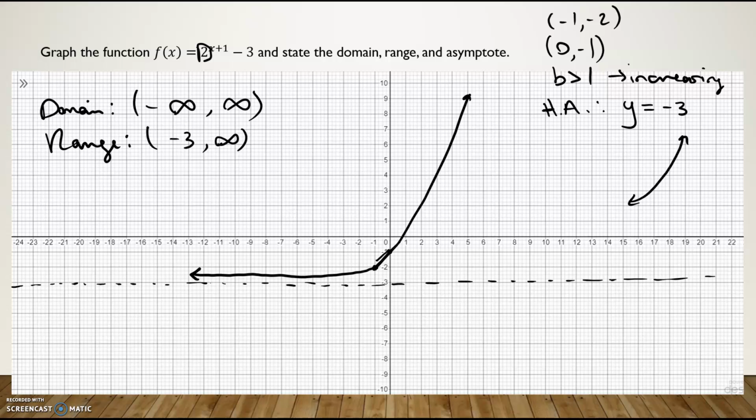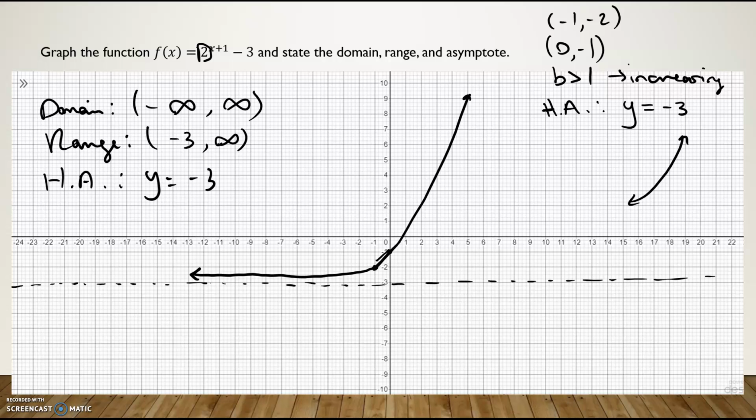We don't include the -3 because the -3 is actually our horizontal asymptote, so we never get to -3, but we get really, really close to it. So it starts somewhere close to -3, and then it goes up to positive infinity. And then the horizontal asymptote, we had already listed that, but we'll list it over here. So y is equal to -3.